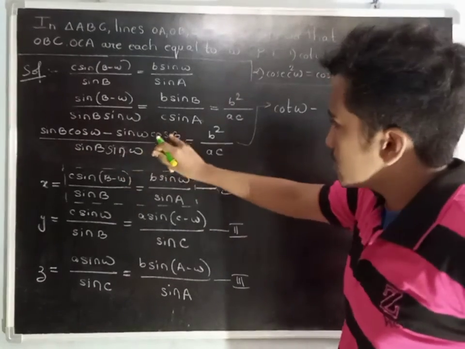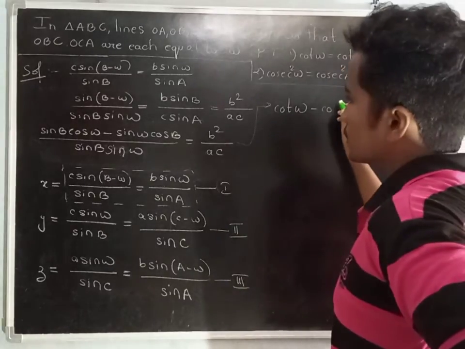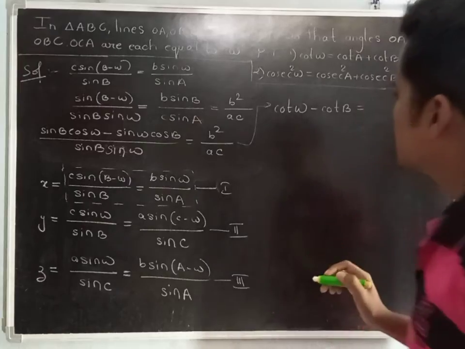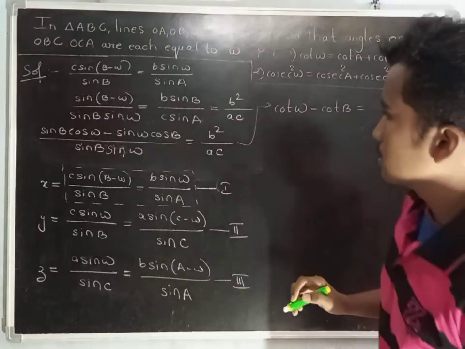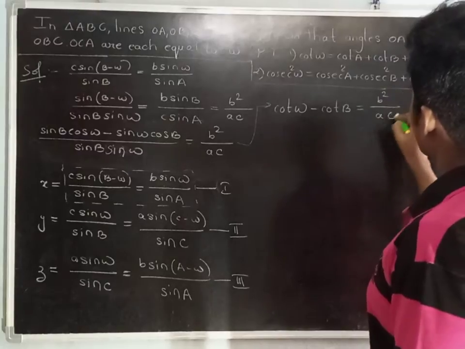Sin omega gets cancelled. Cos B by sin B is cot B. Which is nothing but B square by AC.